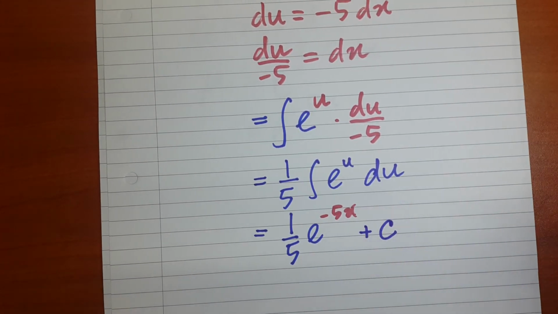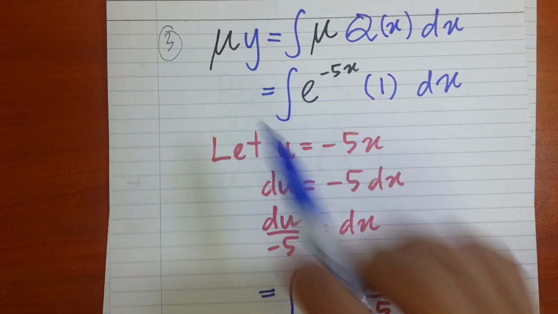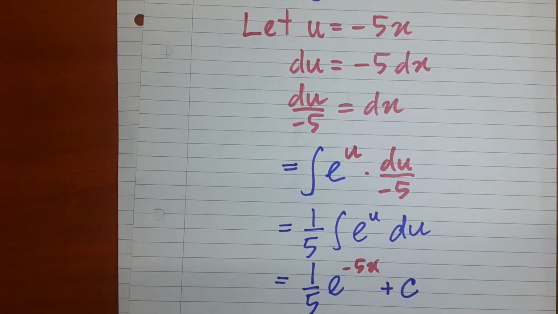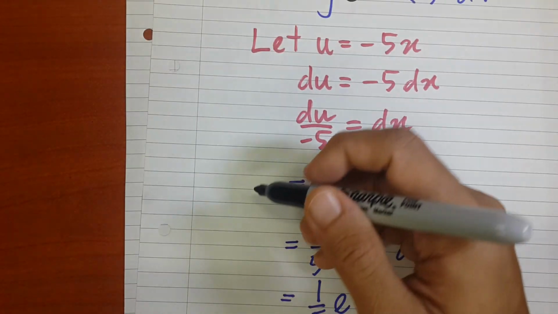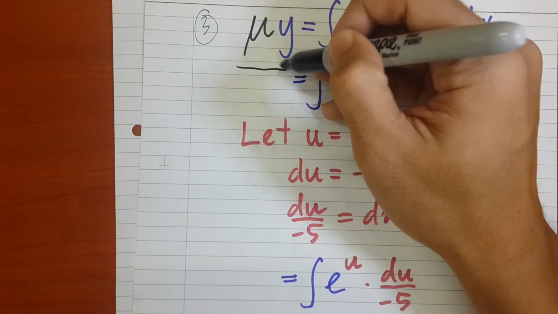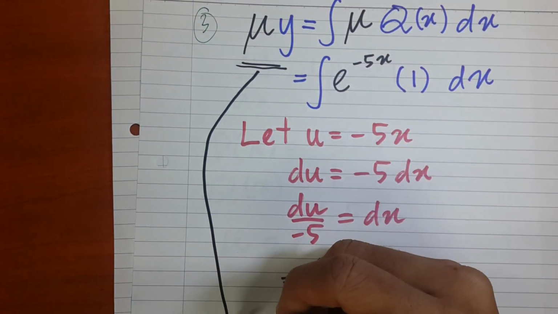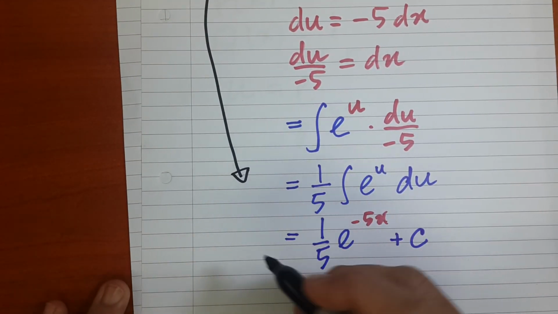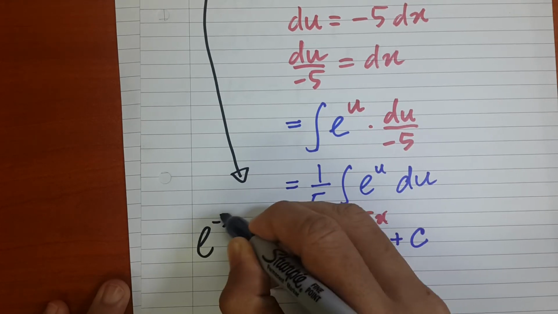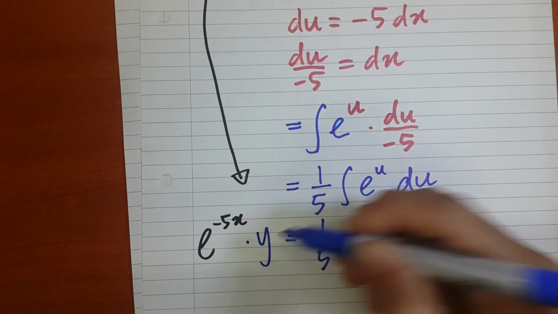Right? Why? Because on our left hand side we still have mu times y. So I'm going to bring that down. So mu y, this thing bring down. Right? So we have mu equals e to the power of negative 5x times y.